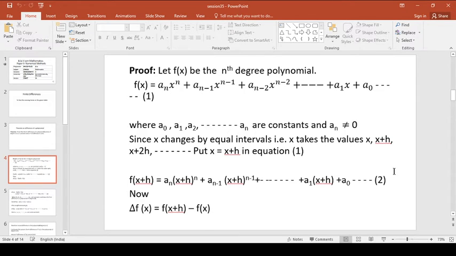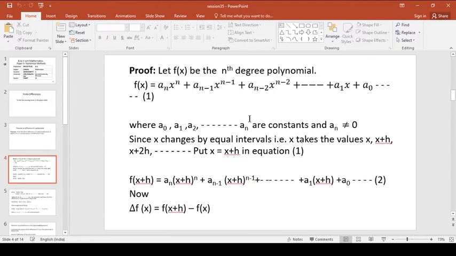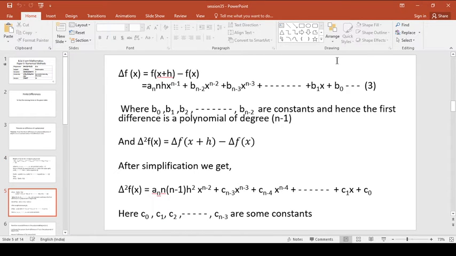So by substituting equations 2 and 1 and after simplification, we get the forward difference of f of x is equal to an into n into h into x raised to n minus 1 plus bn minus 2 x raised to n minus 2 plus bn minus 3 x raised to n minus 3, and so on up to b1 into x plus b0, and let this be called equation number 3, where these b0, b1, b2 and so on up to bn minus 2 are all constants.